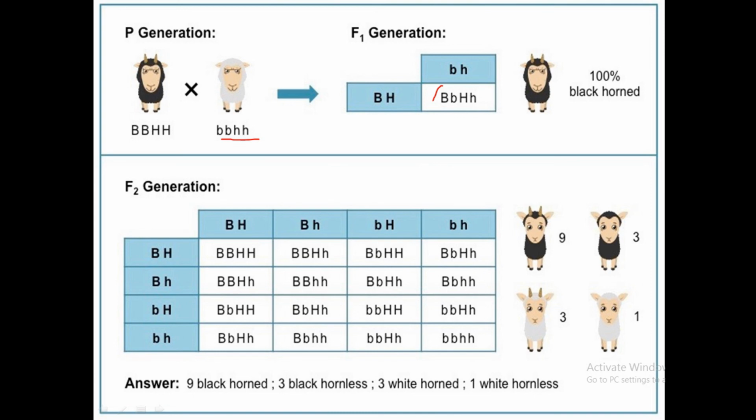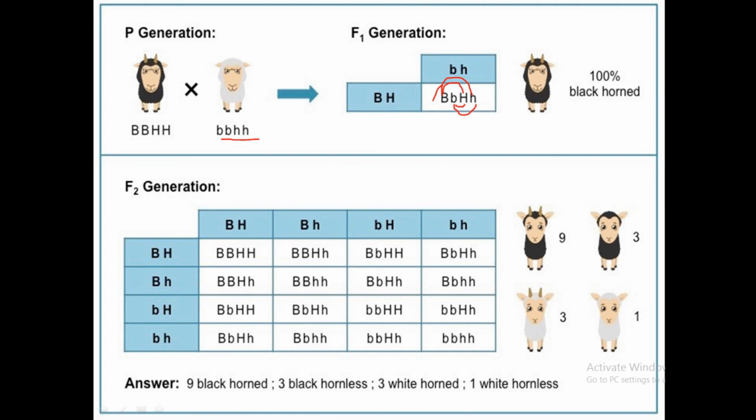So what does the FOIL method say? First, then outside, then inside, then last. So it's very easy. So we got the gametes: capital B capital H, capital B small h, small b capital H, and small b small h.